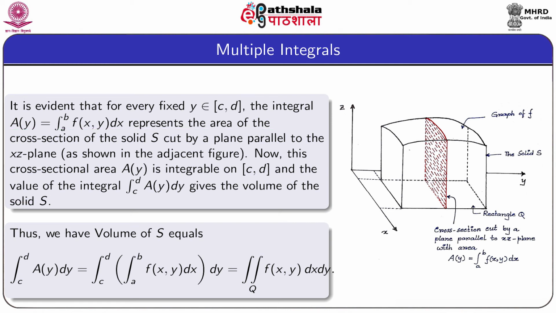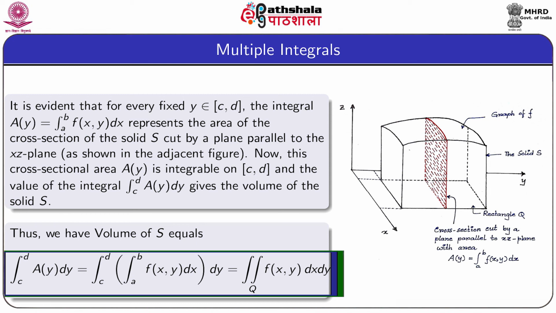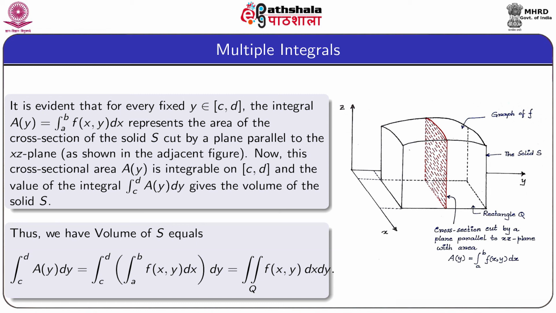Now, this cross sectional area A(y) is integrable on the bounded closed interval CD, and the value of the integral c to d A(y) dy gives the volume of the solid S. Thus, the volume of S equals the integral c to d A(y) dy, which is the integral c to d of the integral a to b f(x,y) dx dy, equal to the double integral over Q of f(x,y) dx dy.